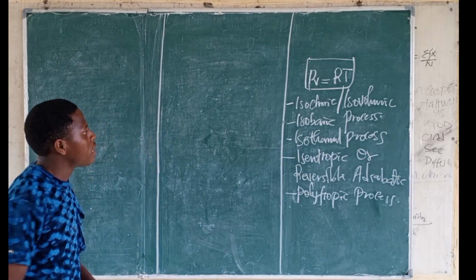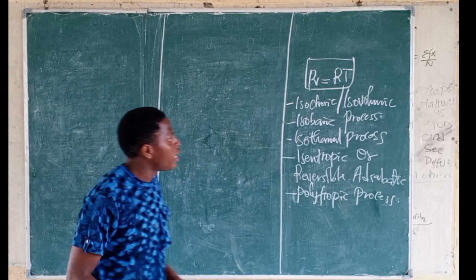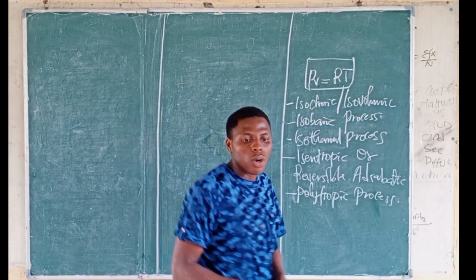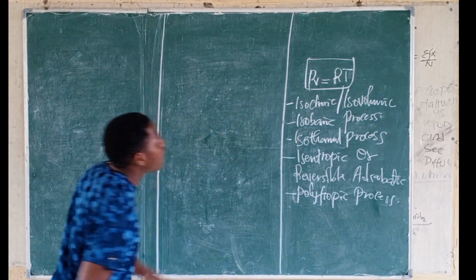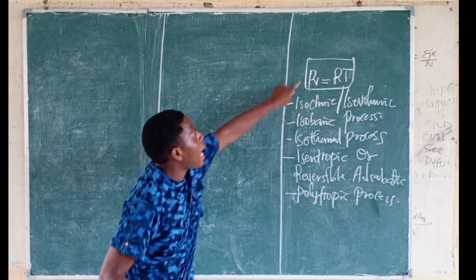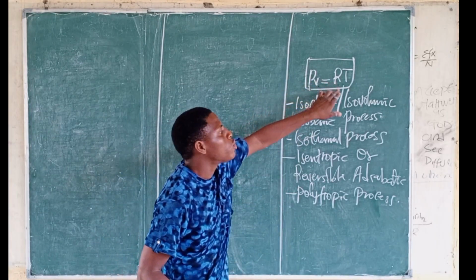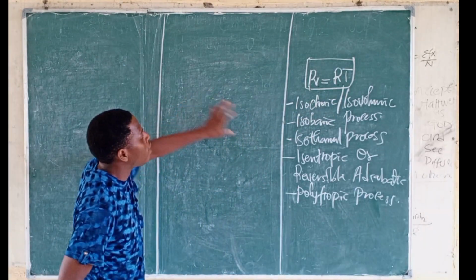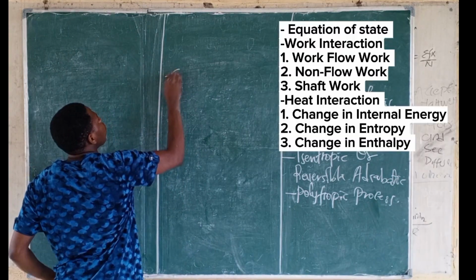Now in thermodynamics, you'll be asked to solve for each of these processes. To solve for each of them, what we first get is the equation of state for our processes. To get the equation of state, we apply this formula, Pv is equal to RT. So the first thing to get for each process is the equation of state.